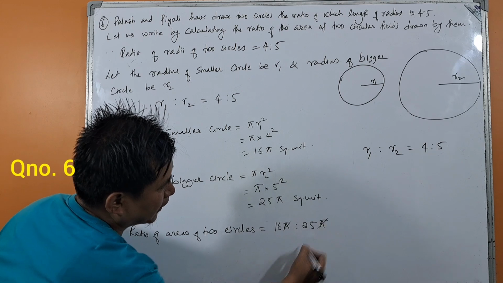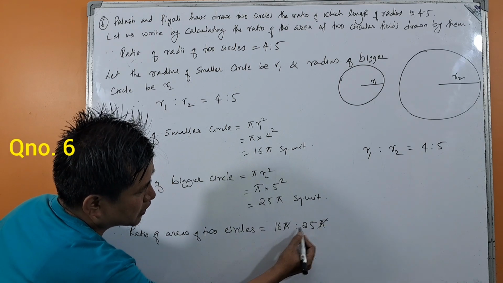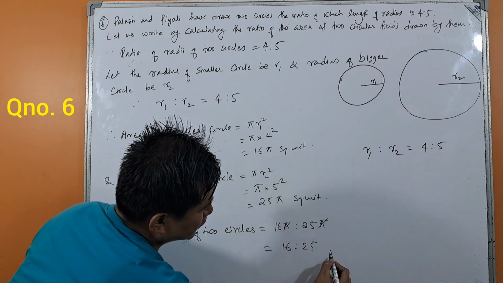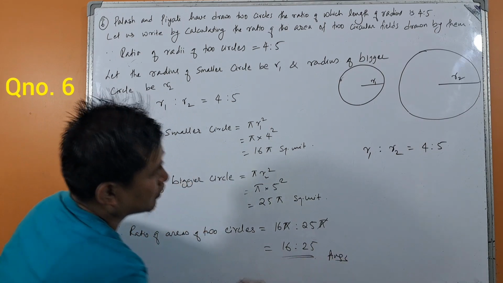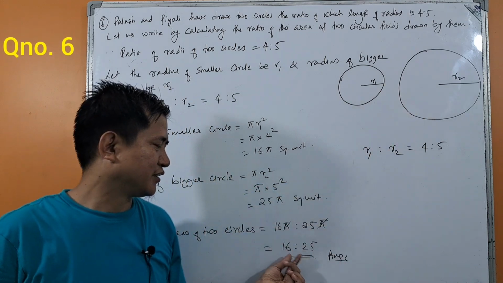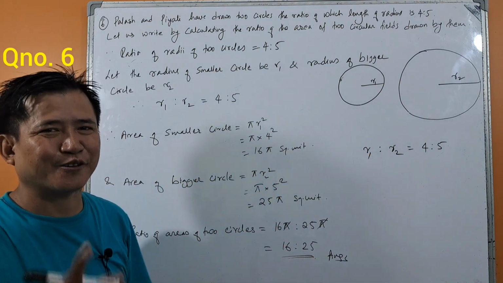Pi and pi cancel out. These two numbers cannot be cancelled. So 16 is to 25 is the required ratio. This is the answer. So the ratio of the areas of the smaller circle to the bigger circle is 16 is to 25. I hope you got this.